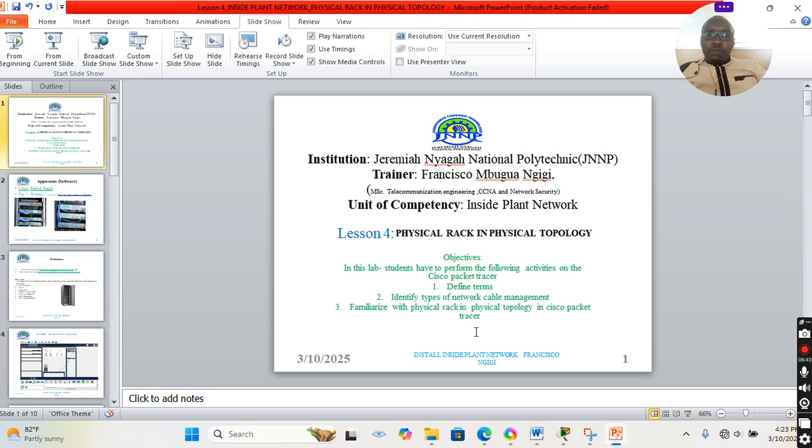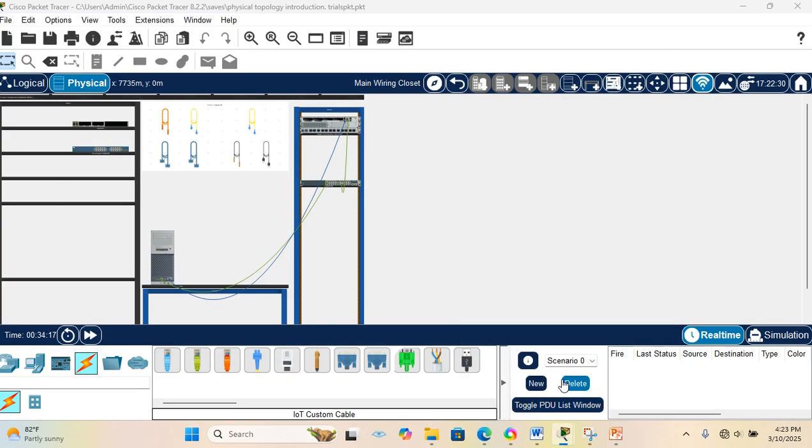I'm going to take you through the Packet Tracer for a while. So you can see what is on my Cisco Packet Tracer. This is the shelf, and we get it through this.